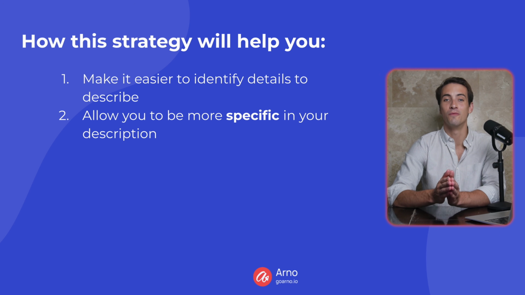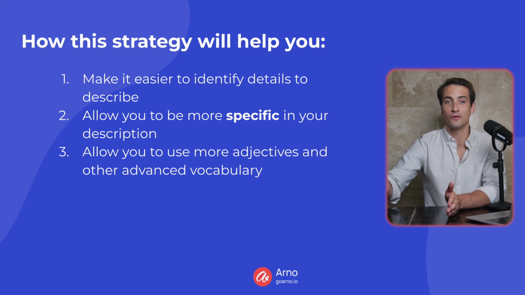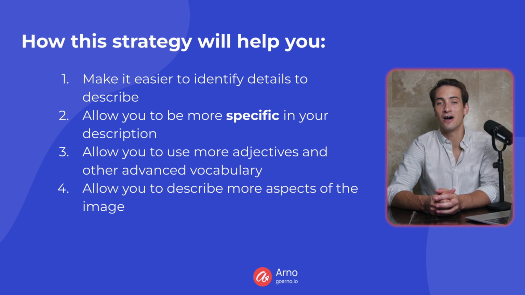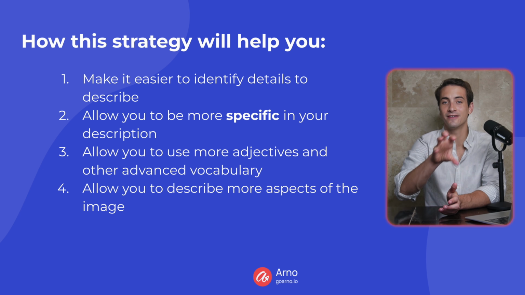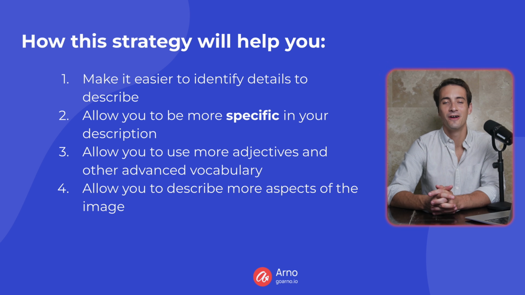And remember, the more specific and detailed you can be, the higher your score will be. 3, it allows you to use more adjectives and advanced vocabulary, which will improve your score even more. And number 4, it will allow you to describe more aspects of an image so that you're not describing the same things over and over. And remember that diversity of vocabulary also helps to raise your score.